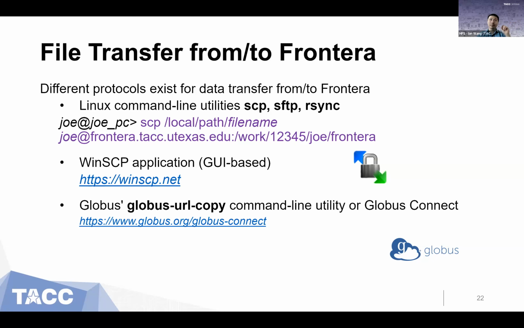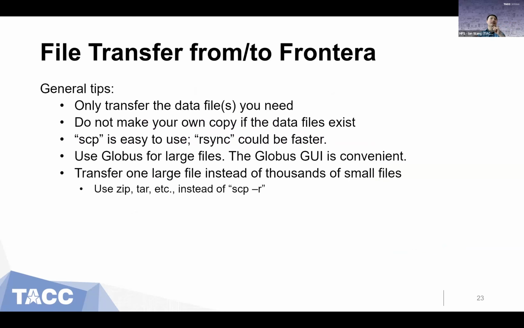You can read their user manual, figure out what that means. Yeah, there are some other general tips. Again, I'm not going to go into details. But one important thing is, rsync is probably preferred over scp if you do large file transfers.